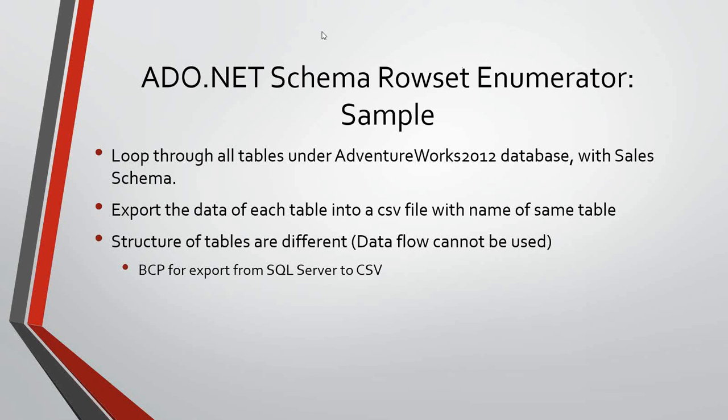This can be used to get all components, tables, objects, views from the source database, and then you can loop through each table and create that table structure command, execute that in the destination server, and also transfer data in another task. So ADO.NET Schema Rowset Enumerator can be used for this, and also SMO, which I will talk about in the future.